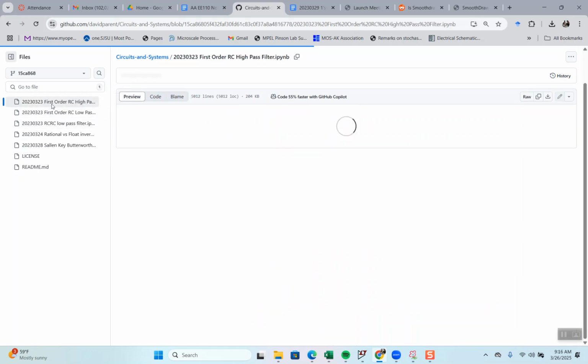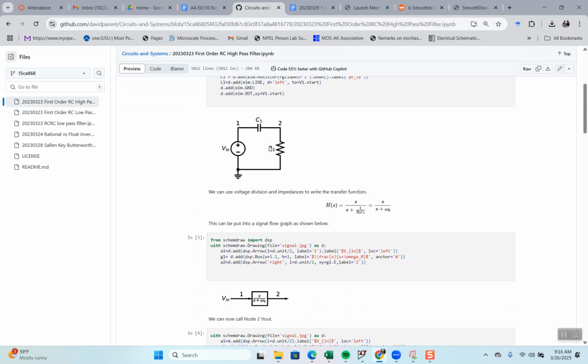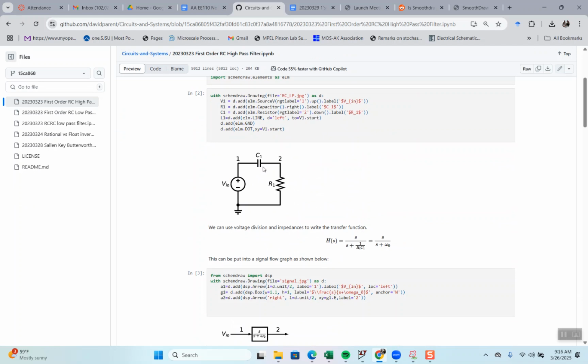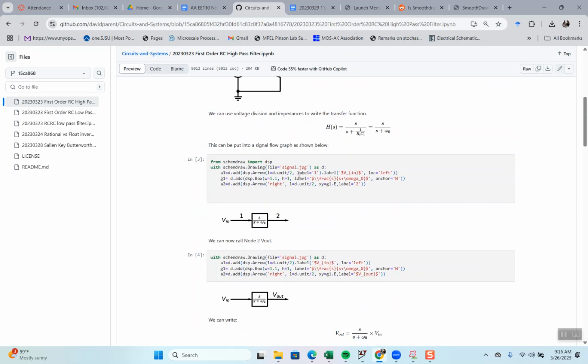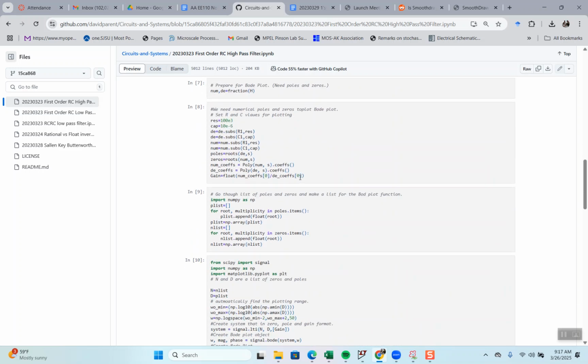I think that's just all the files. So yeah, I have all these sample files. It's true, I do now use Colab because you could just take it and you don't have to fiddle faddle. But if you say I need a high pass filter, that's like the bare minimum you need. And then I'm just showing you the transfer function, right?